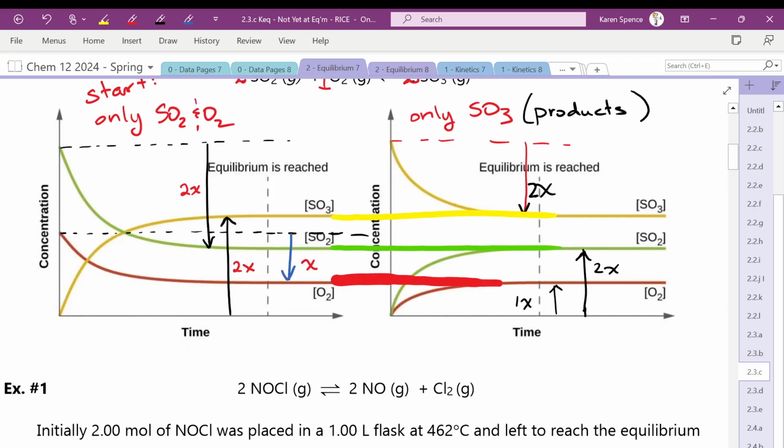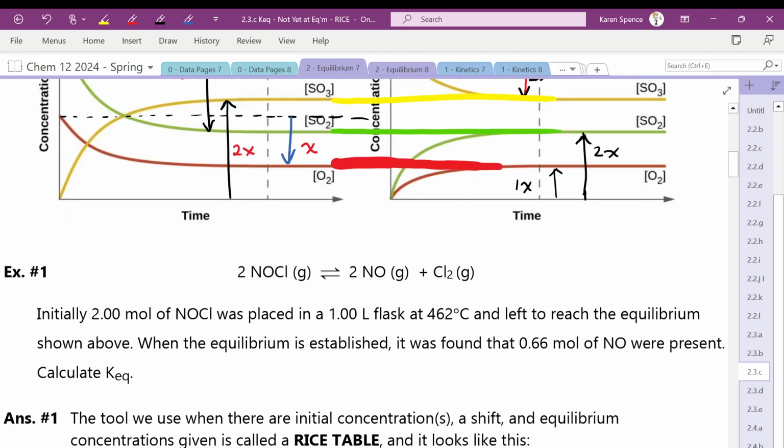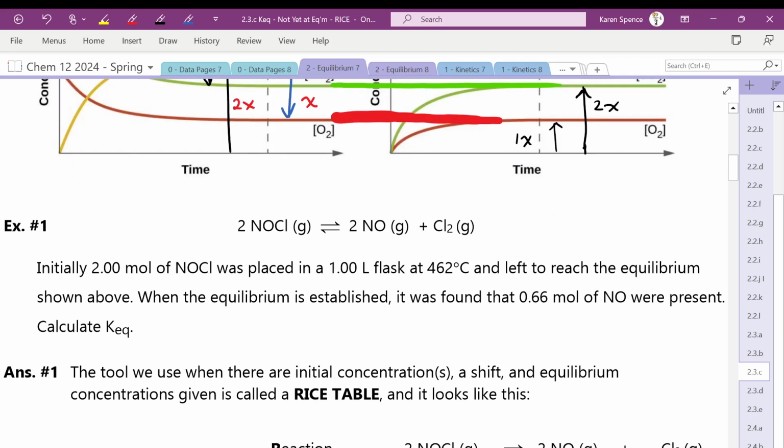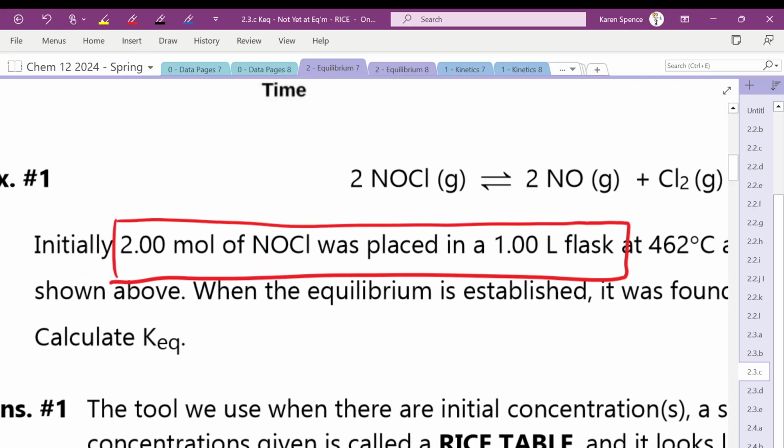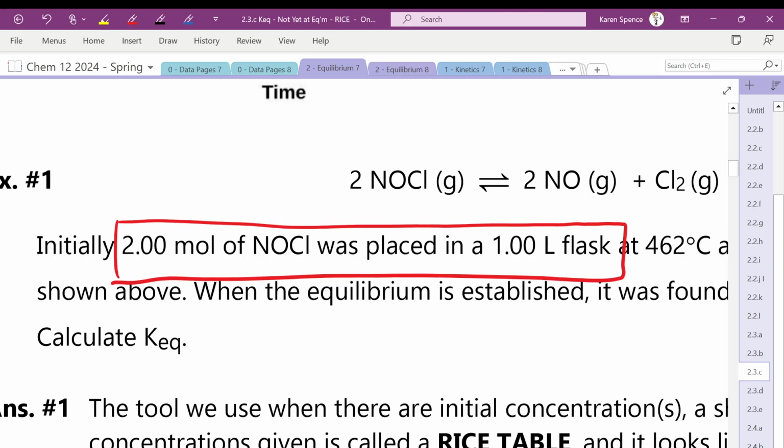So let's take a look at what we're going to actually do with this. Initially, we have 2 moles of NaOCl in a 1 liter flask.